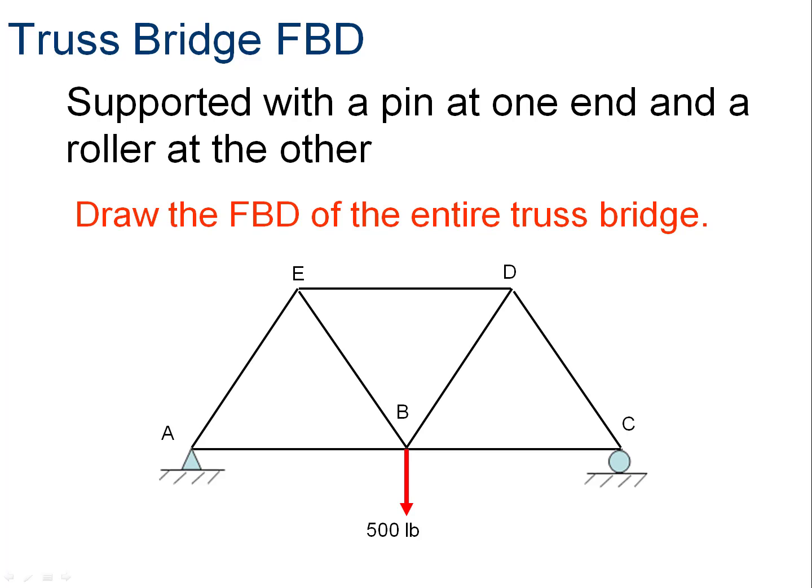So let's try and pull this all together and draw a free body diagram of this truss bridge. So look at the truss bridge for a moment, and on the left-hand side over here, at point A, you're going to see a pin. Point C has a roller. And then at point B, or node B, I've got a 500-pound weight. So let's start drawing this.